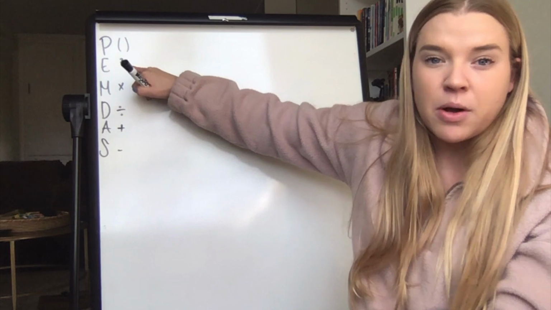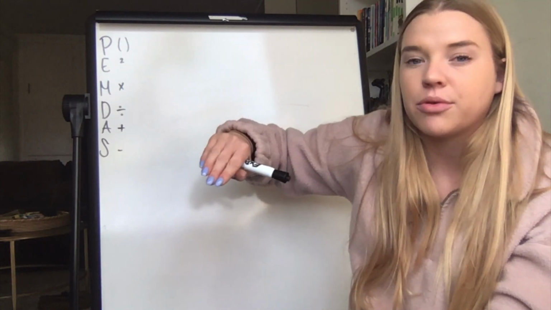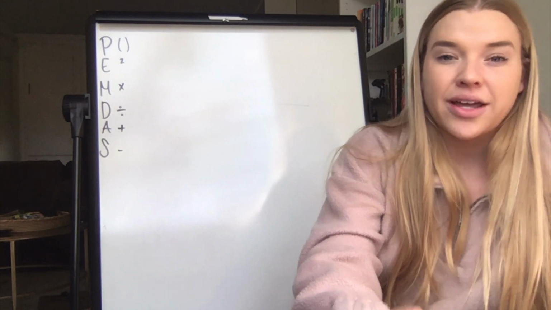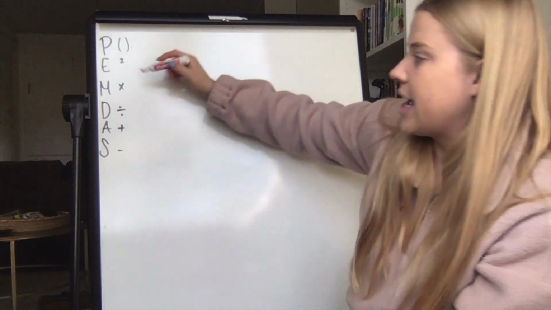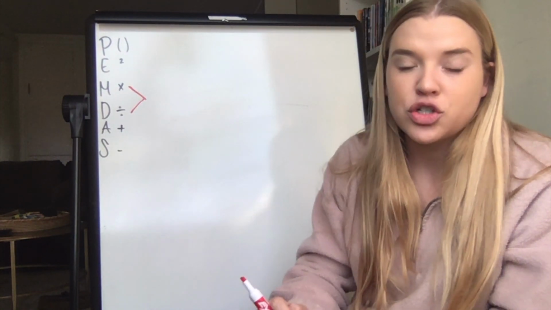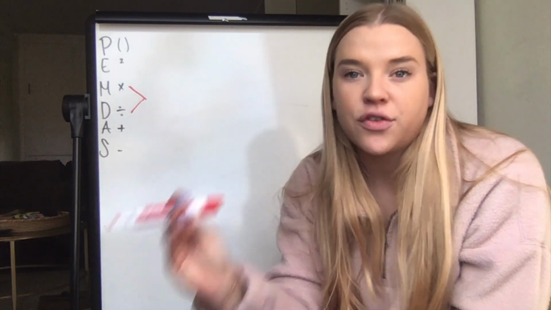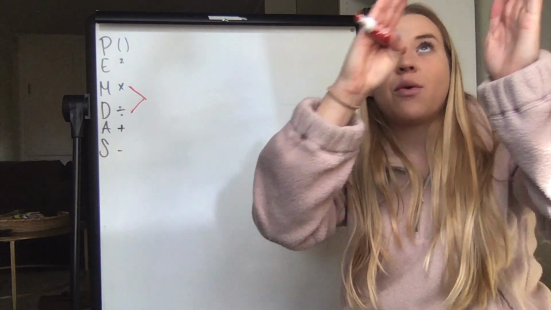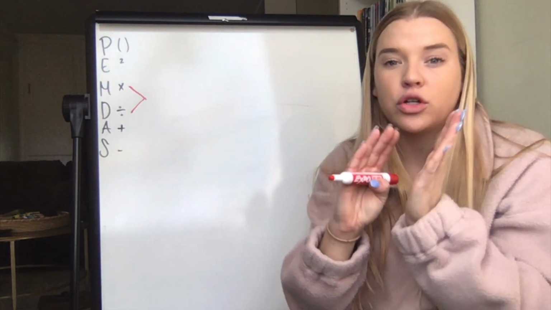E stands for exponents. So after I've solved everything in parentheses, I'm going to solve exponents. Multiplication and division. This part's important. Multiplication and division are connected, okay? So these two, I solve from left to right, which means whatever comes first in the problem. I read left to right. It's however I would naturally read it is how I'm going to solve it.